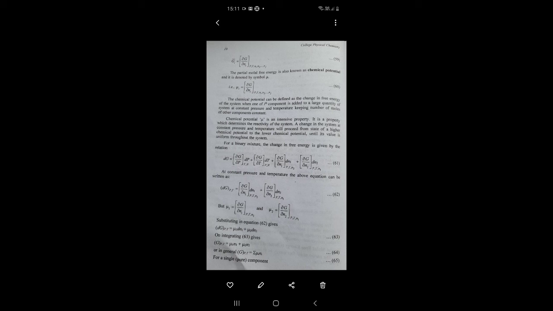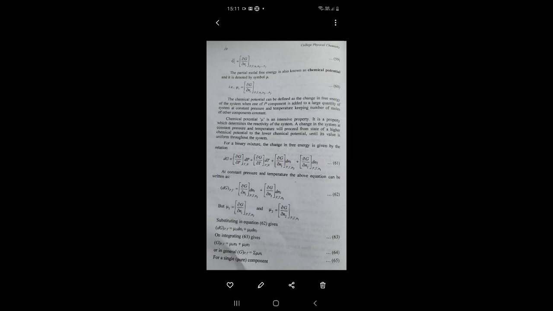This whole relation is called chemical potential, and that chemical potential is denoted as mu. So mu i is equal to ∂G upon ∂Ni at constant pressure, temperature and number of moles other than the ith component. That equation we got, and that is called chemical potential.